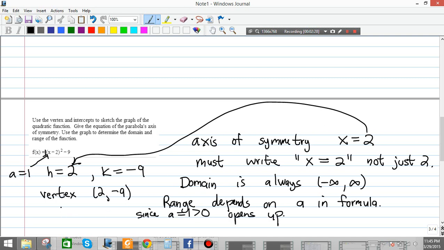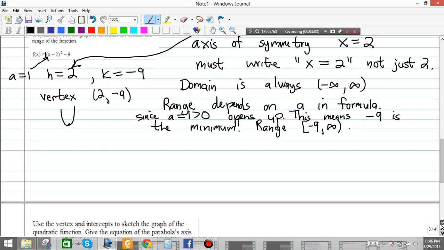So the parabola opens up like this. And so this means -9 is the minimum. So that means that the range goes from -9 to infinity. That answers the question for the range.